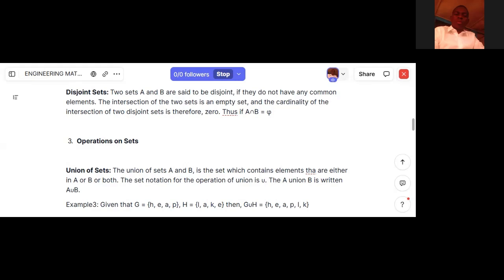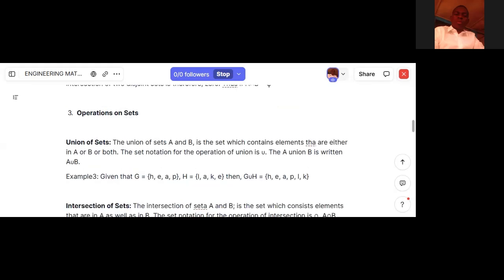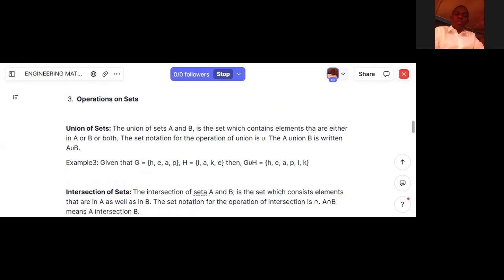Now we further see operations on sets. What are the operations that we can do in set theory? First of all, we see union of sets. The union of sets is the set which contains elements that are either in A or B or both.